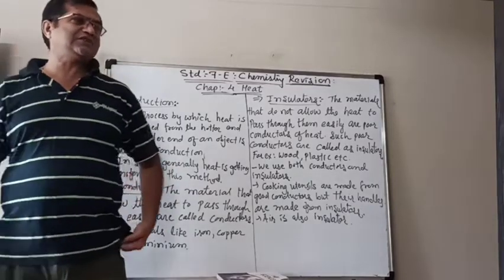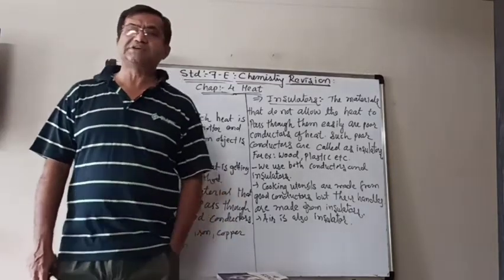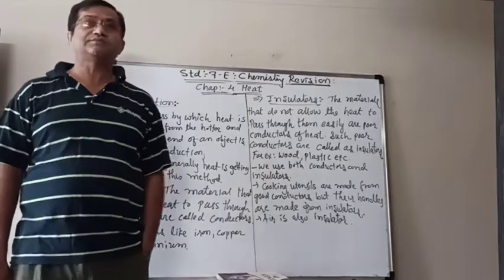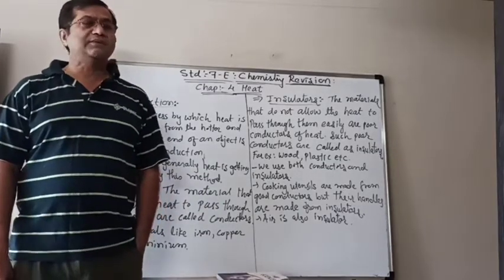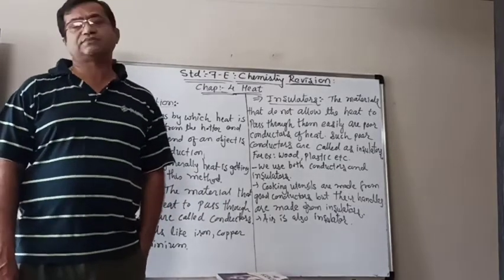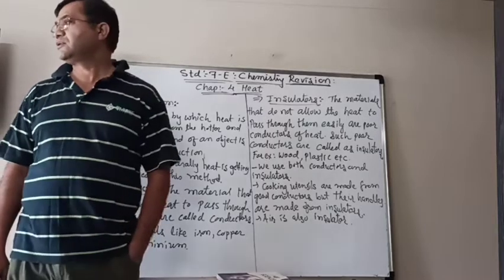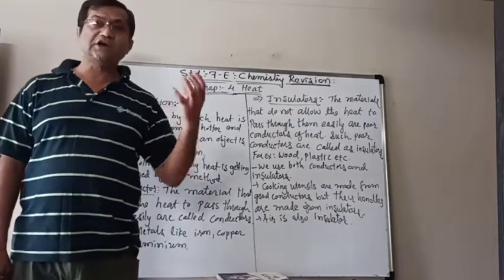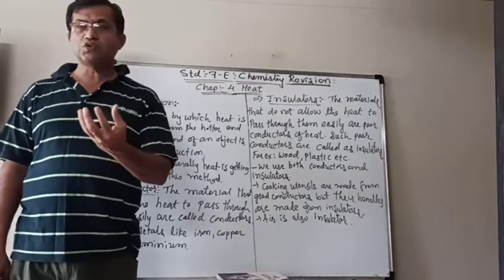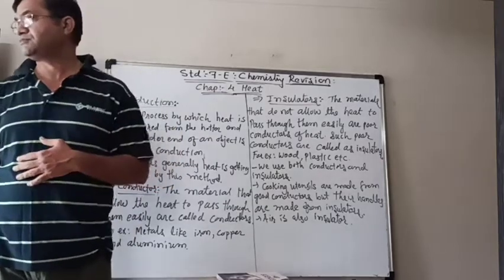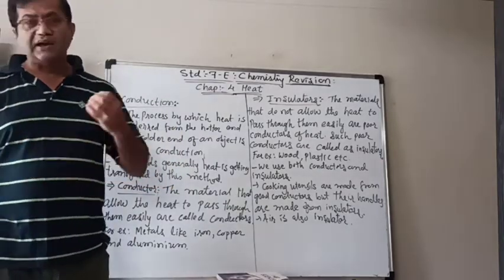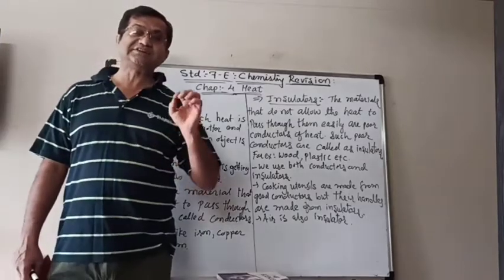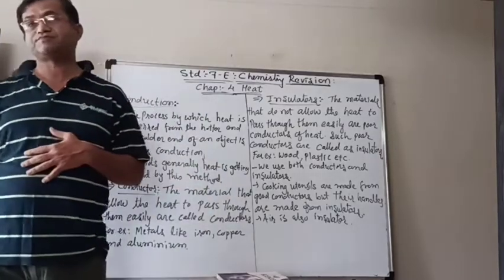In the last session, we talked about transfer of heat. It means that heat flows from a hotter object to a colder object, and that phenomenon is known as transfer of heat.